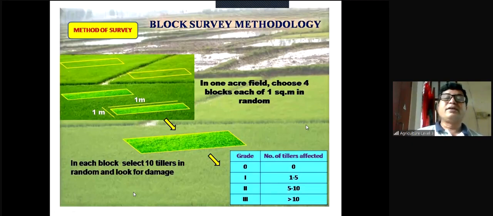If we ask what is the grade of infestation of rice green leafhopper, and you say grade 2, then I can easily understand that out of 40 tillers, from 5 to 10 tillers are affected by the rice green leafhopper, because I am related with this. Similarly, whoever knows this method can easily understand.